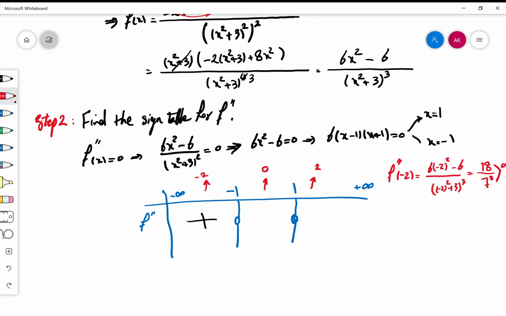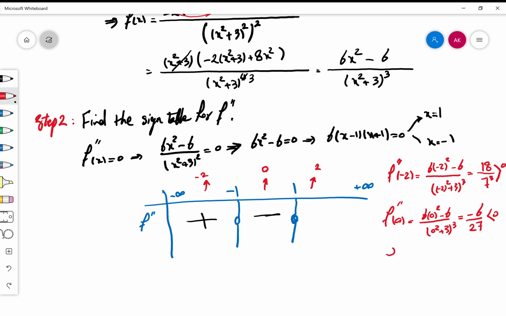Then how about f double prime at 0? This is 6 times 0 squared minus 6 over 0 squared plus 3 to the power 3. This is minus 6 over 3 cubed, which is 27. This is a negative number, so this part is going to be negative.